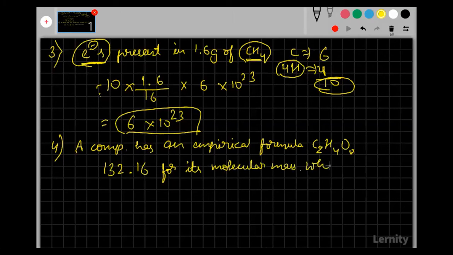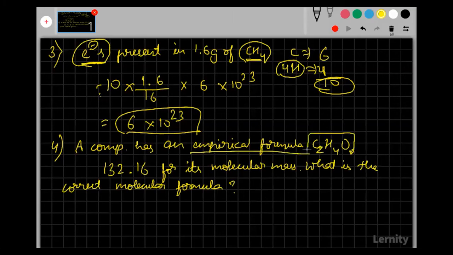What is the correct molecular formula? Okay, so you have to do this. Now they have given us the empirical formula to be C2H4O. It's simply O, nothing there. And the molecular mass is supposed to be 132.16. We have to derive the molecular formula.